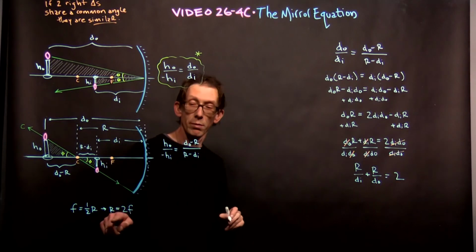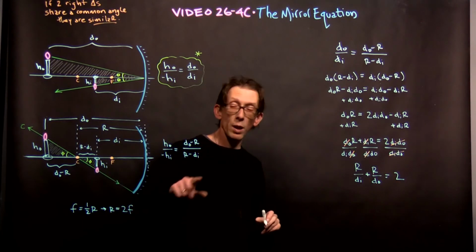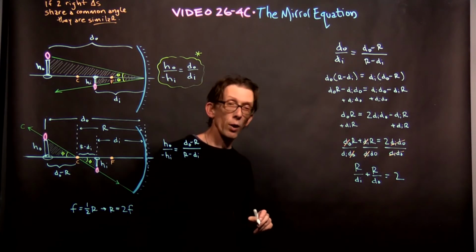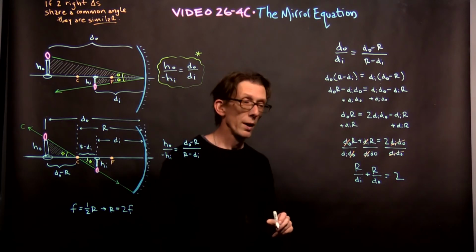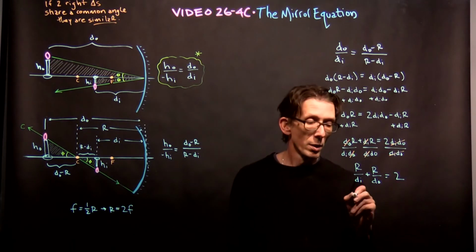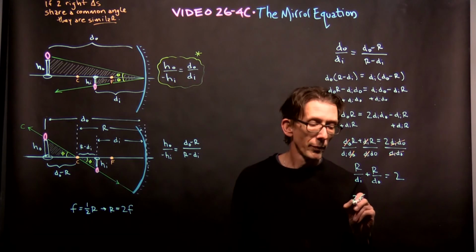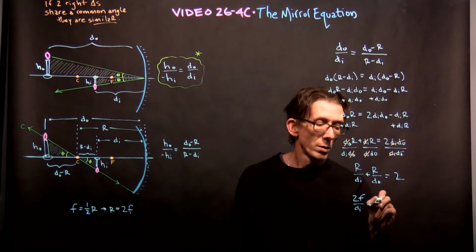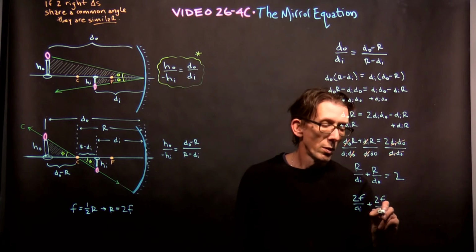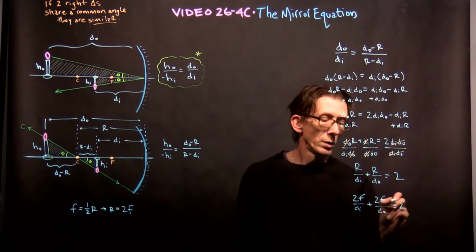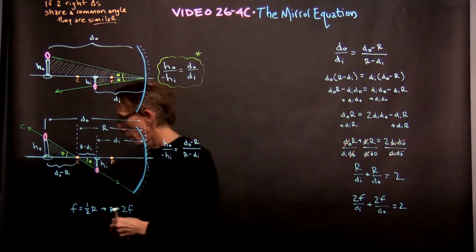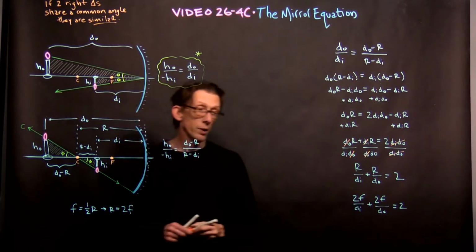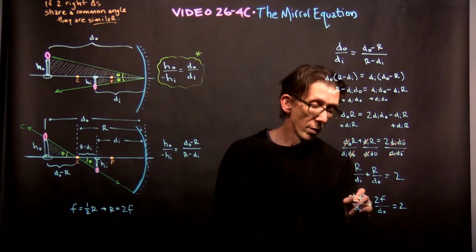Now please notice, remember from before, for a concave mirror, f is one half R. So R is 2f. We can now replace our Rs with 2f over DI plus 2f over D naught equals 2. All of our 2s cancel. They don't become 0, they just become 1.